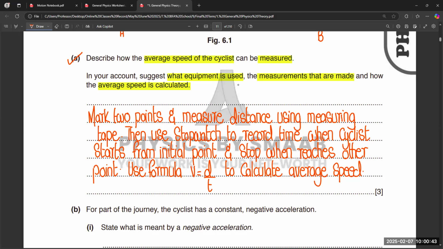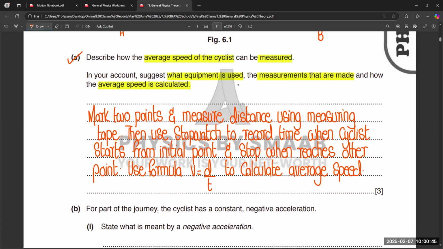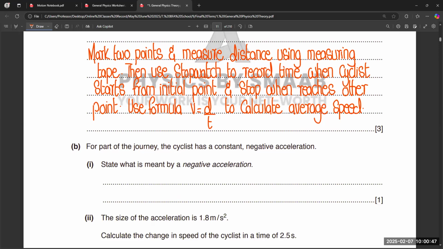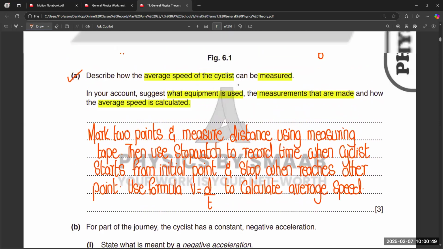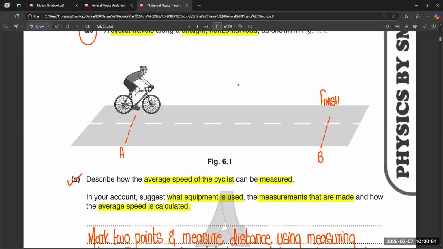So this is the idea how to measure the average speed using the equipments in any specific scenario.